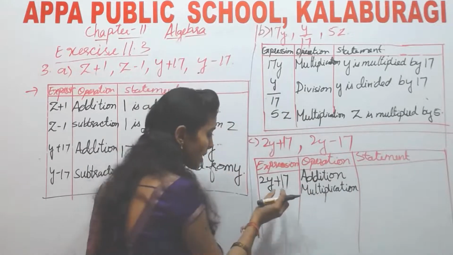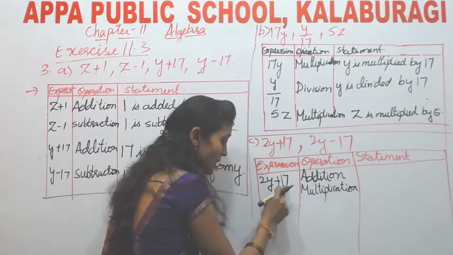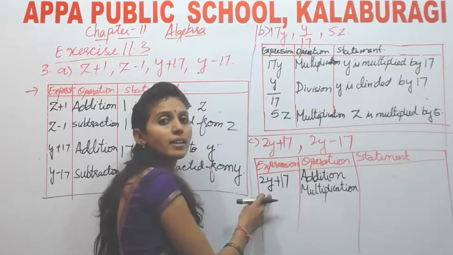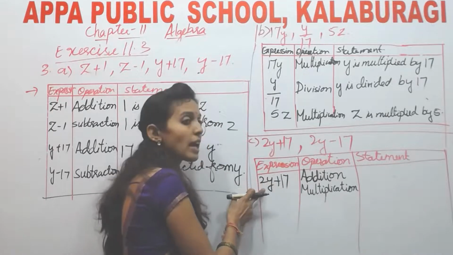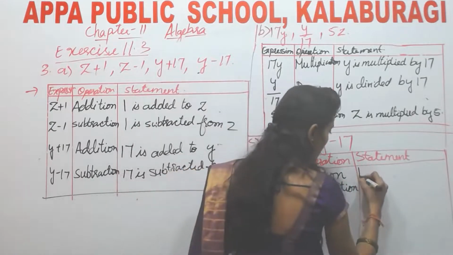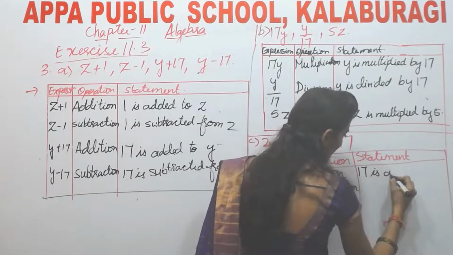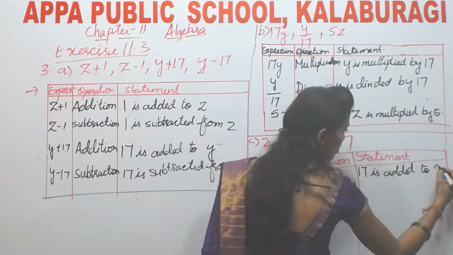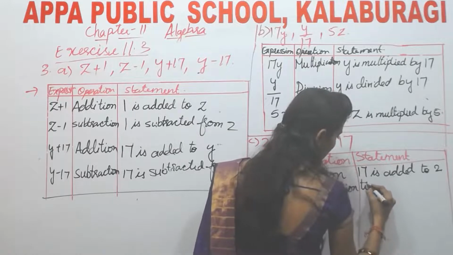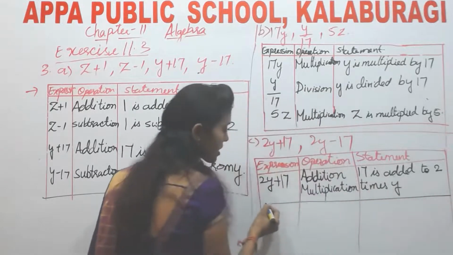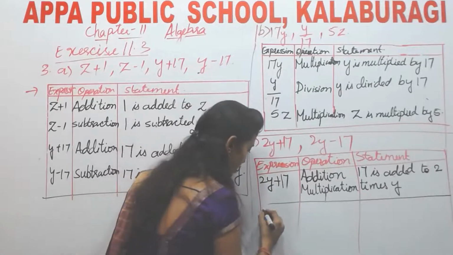How can we write it? 17 is added. 17 is added to what? To 2 times y. Right? 17 is added to 2 times y. Same way, next one.